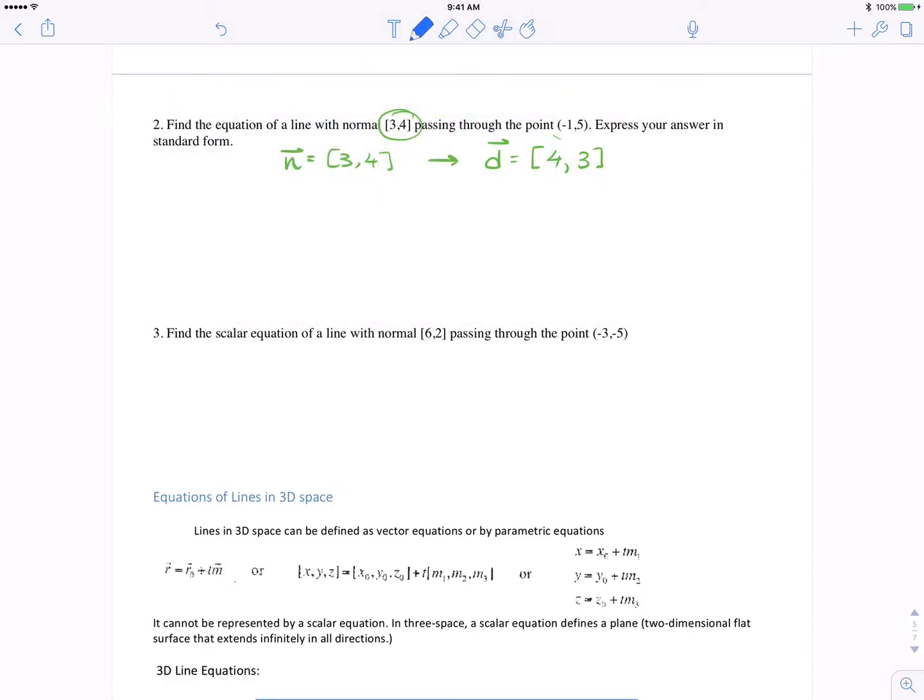So start off, you can do your point, x is -1 plus 4t, and y is 5 plus 3t. Rearrange and set equal to get my overall equation here.